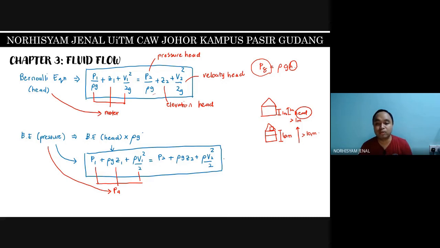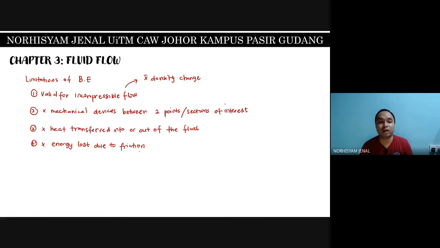For example, at point 2, we add up the losses on this side. Or if we increase the pressure on one side, we add up on the other side. So it means we need to add more parameters in the study. But for the basic idea of the Bernoulli equation, and from now on in chapter 3, we will assume these 4 limitations are there in the system.